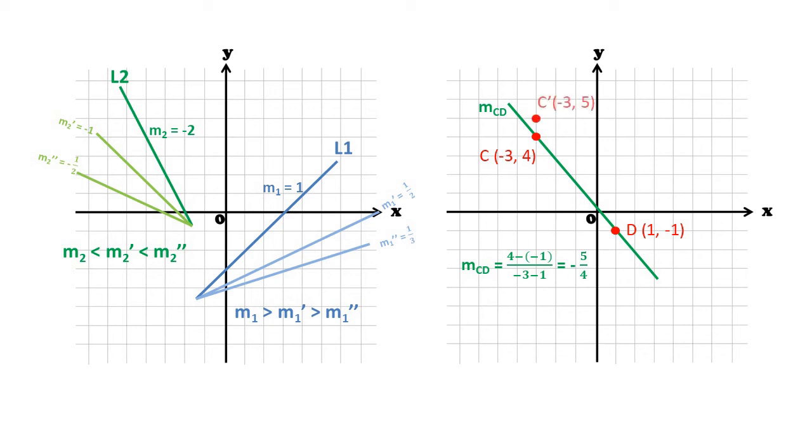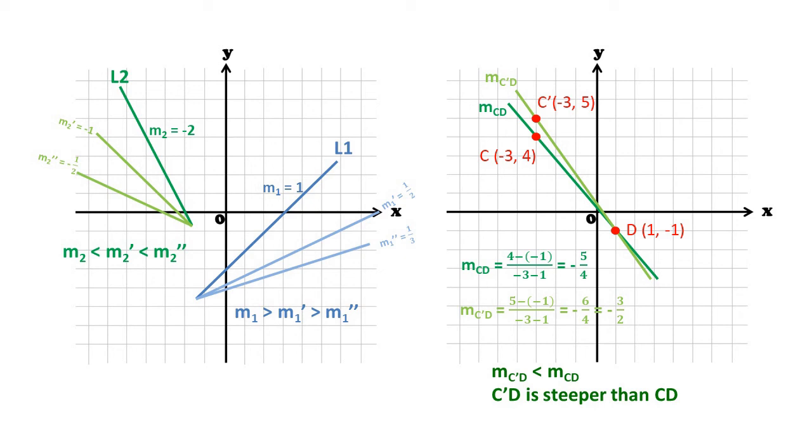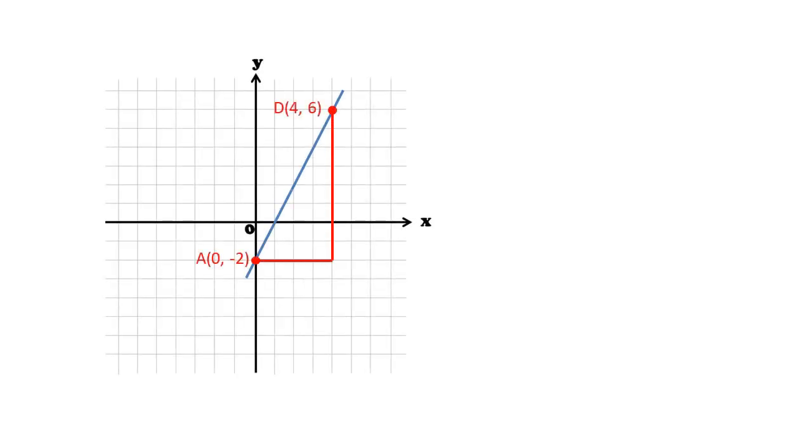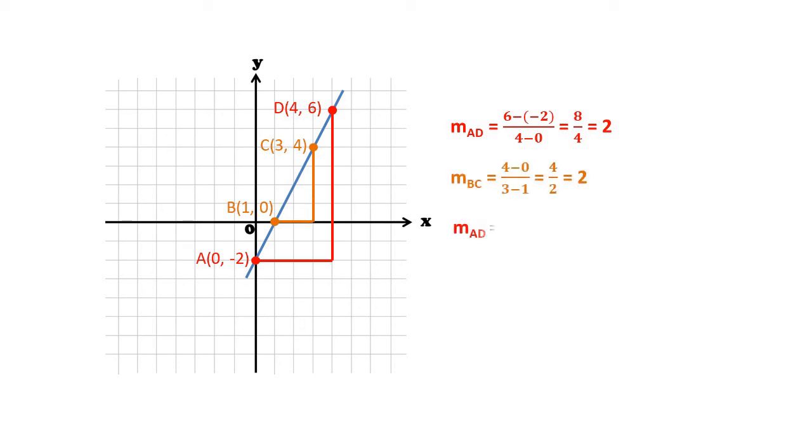If we move point C 1 unit upwards and get point C prime at (-3, 5), the slope of C prime D is 5 minus -1 over -3 minus 1, which equals 6/-4. In this case, C prime D has a smaller slope and therefore is steeper than CD. If you have not noticed by now, any 2 points on the same line will produce the same slope.